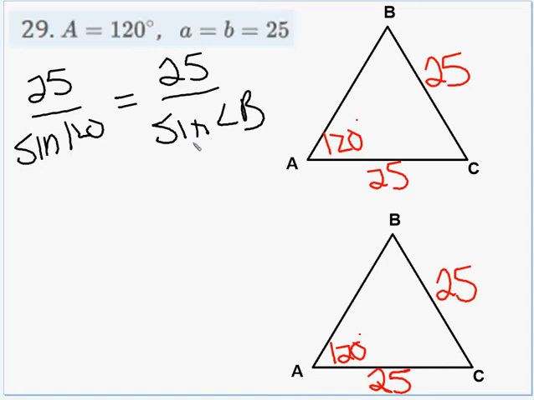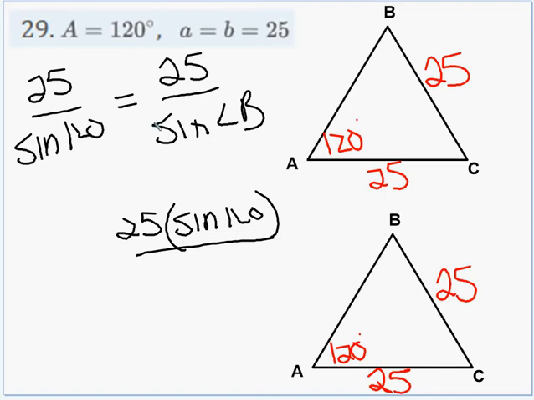So now we cross multiply. We'll get 25 times the sine of 120, and that's equal to the other diagonal, sine of B times 25. But then to get this sine of B alone, we're going to divide both sides by 25. Now, it's one of the weirder problems here, this odd one that I picked out.